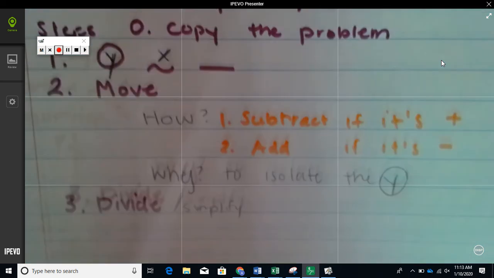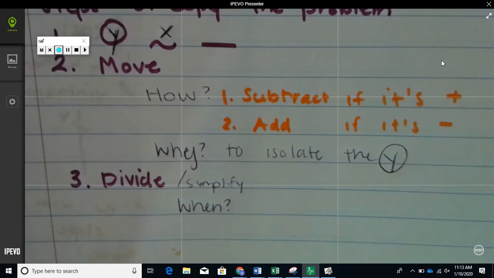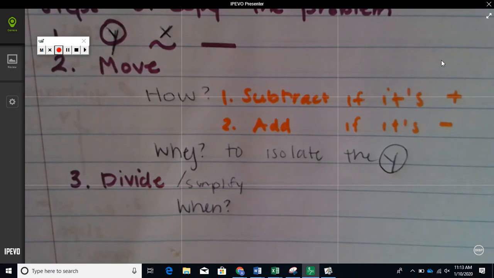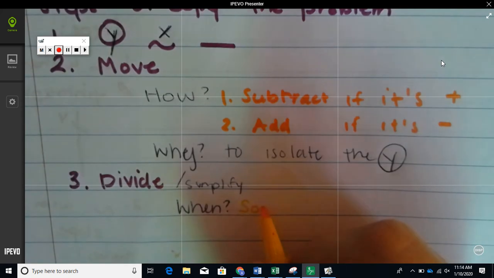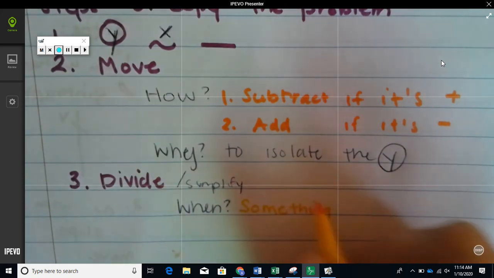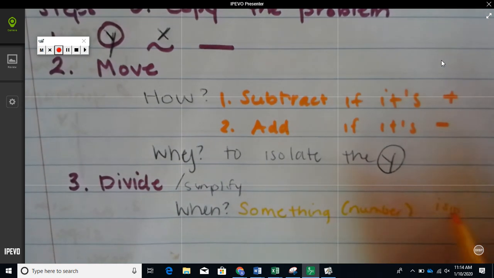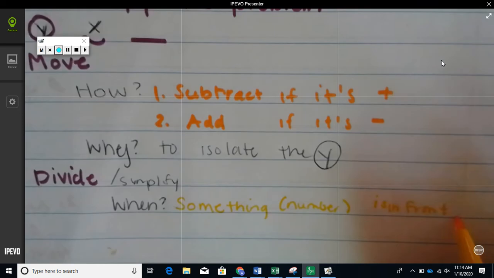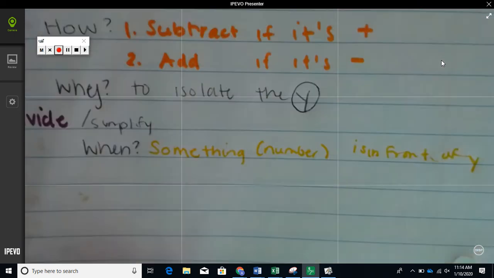We don't do this every single time. You only do this at certain times. Do you know when we divide? When the y has a coefficient that's not 1, which means a number is in front of the y.